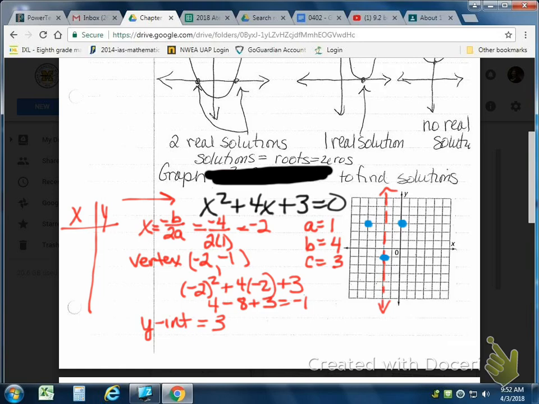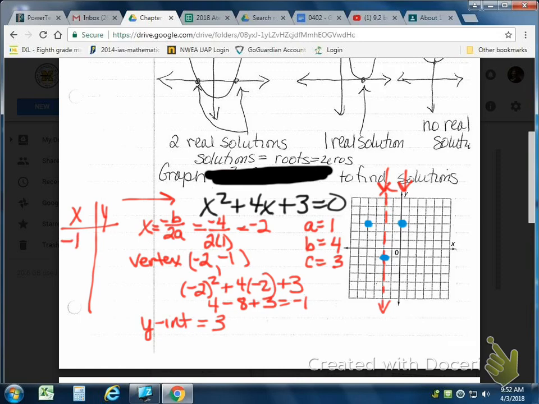I'm going to tell you right now, this one, we know about x at negative 2. And we know where x is 0. So the obvious point to try would be where x is negative 1.